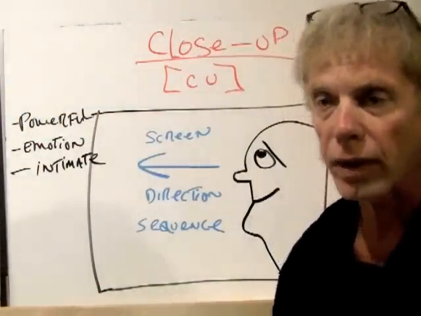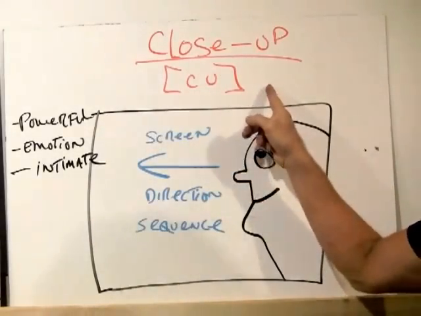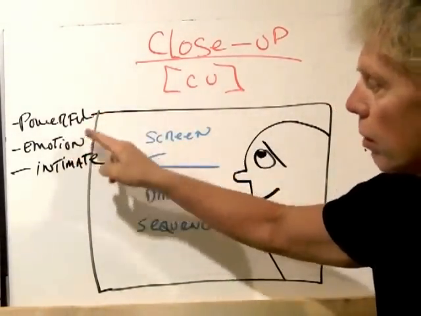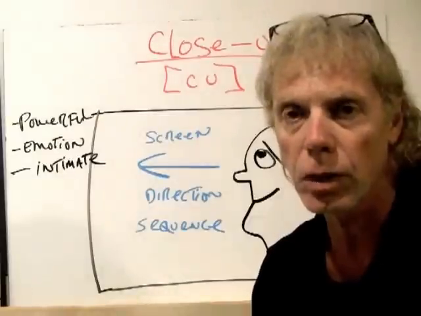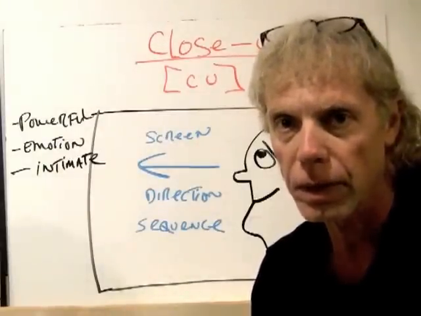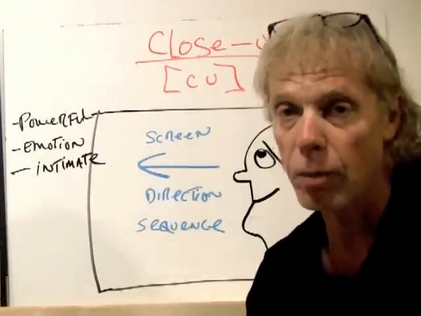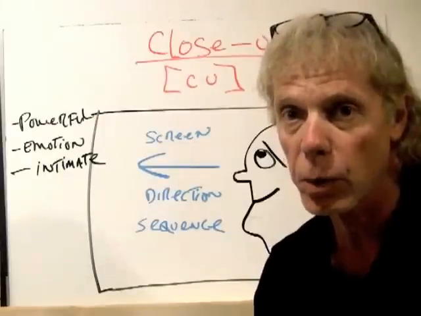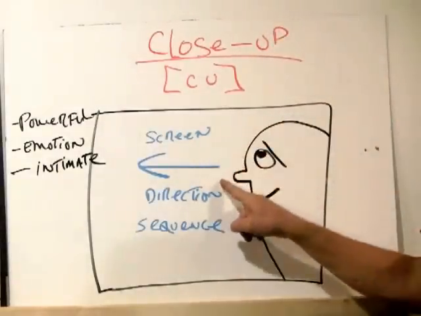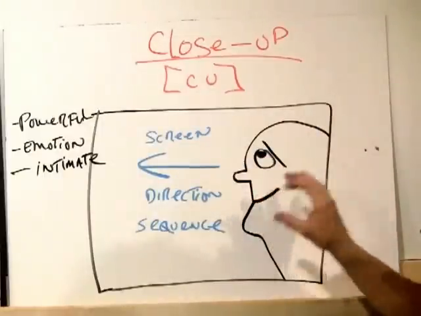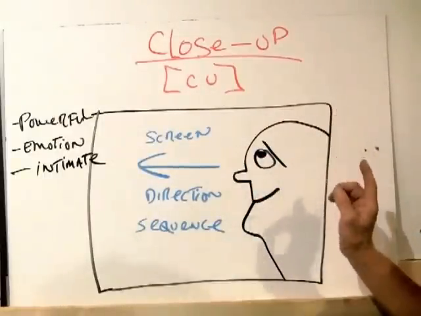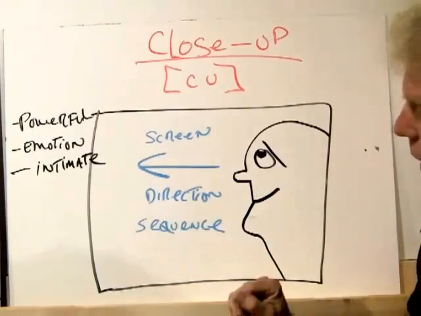We end with a close-up. Close-ups are powerful, emotional, intimate. Another thing that you need to understand with a close-up that has come from previous shots is something we refer to as screen direction. In this particular shot, the character is looking to the right.